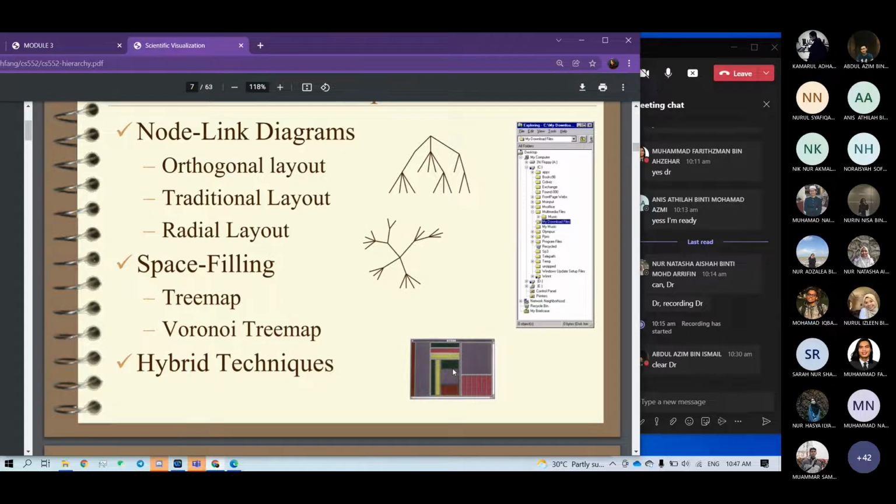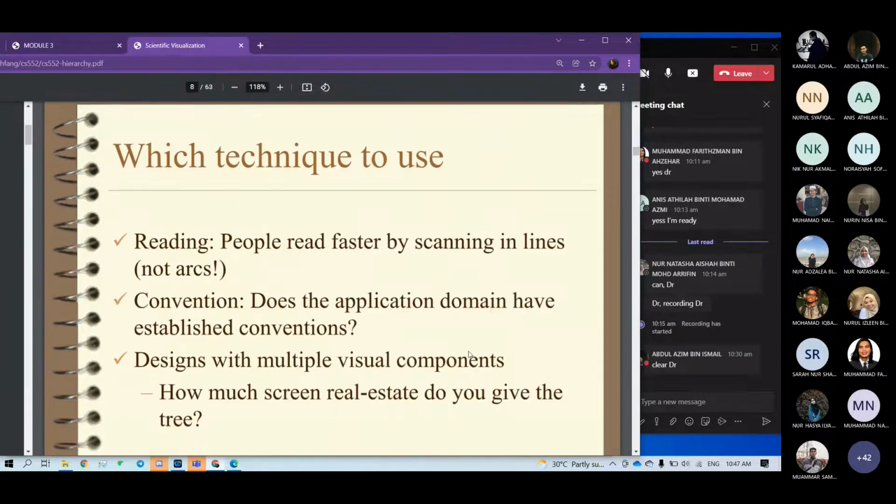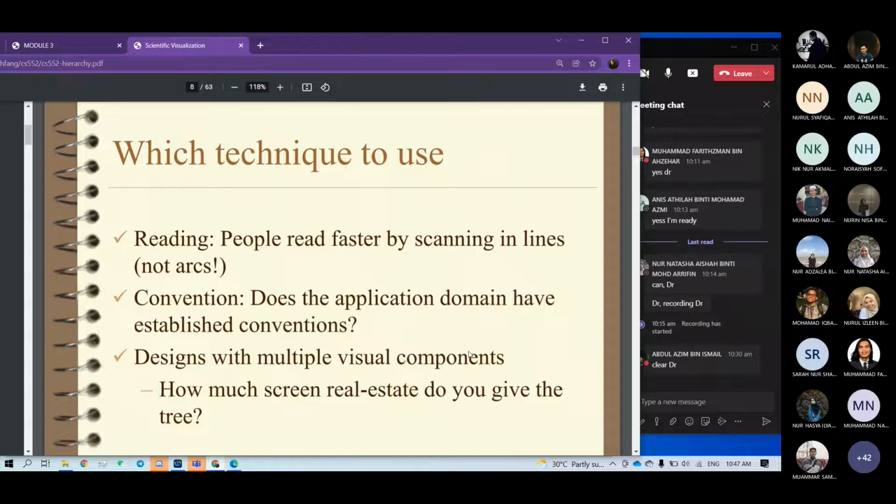And then your test 2 will be from this chapter onward. But definitely you cannot run away from the basics, what we have learned, basic color and so on. I will still ask, but more towards from today onward. So this is a space filling. They're using space. Which technique to use?